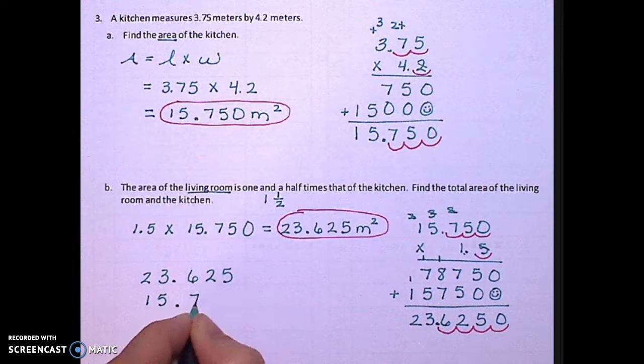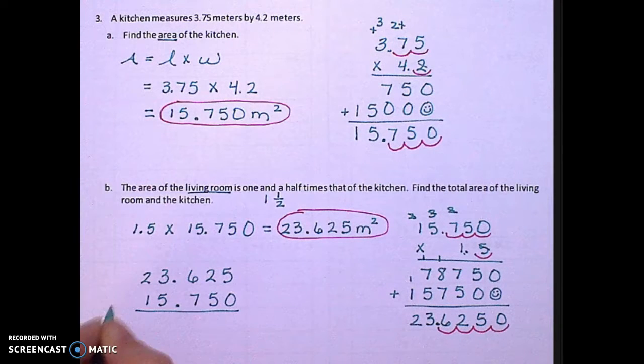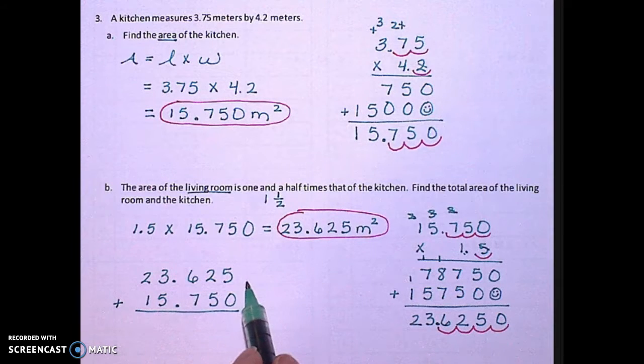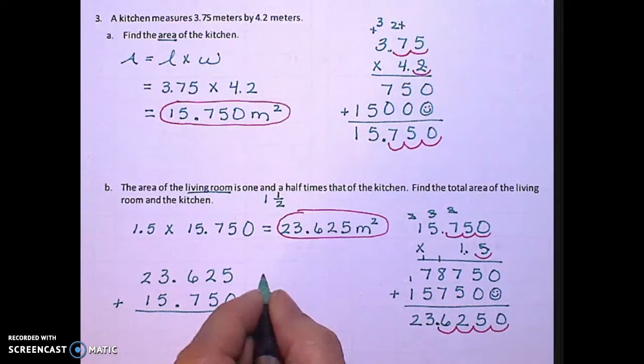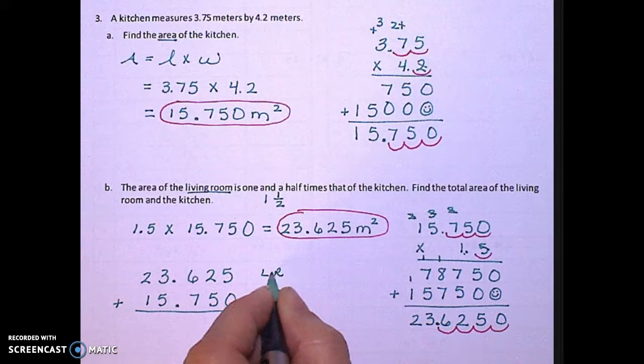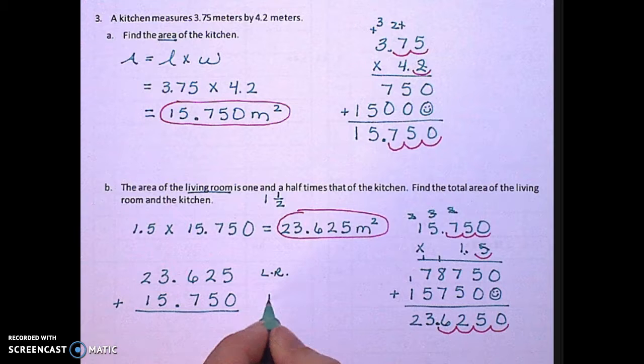And we're adding, so this time our decimals do need to line up. If I had left the 0 out here, I could have just put another 0 underneath, but my decimals do line up. So do you remember where this number came from? Right up here, it's the living room. We could put LR for living room, and this one is the kitchen.